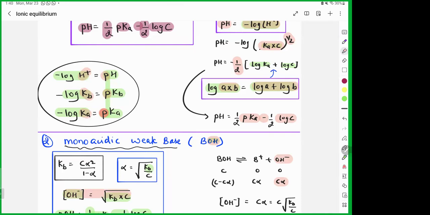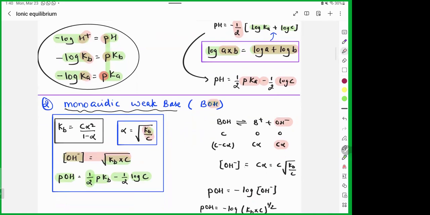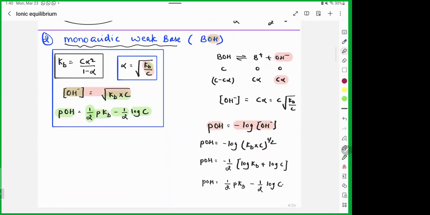Only instead of Ka, you have Kb here. Everything else is same. So this is OH concentration. POH, if you calculate same way, everything about the POH is exactly same. Half pKb minus half log C.